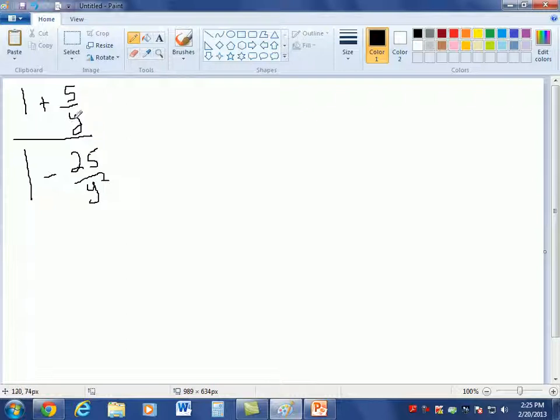We saw how that works, right? This is going to be 5y over y, and the y's are going to cancel, and then this will just be y. But if we multiply numerator and denominator by y squared over y squared, we're going to clear out this denominator and this one. Get to kill two birds with one stone.